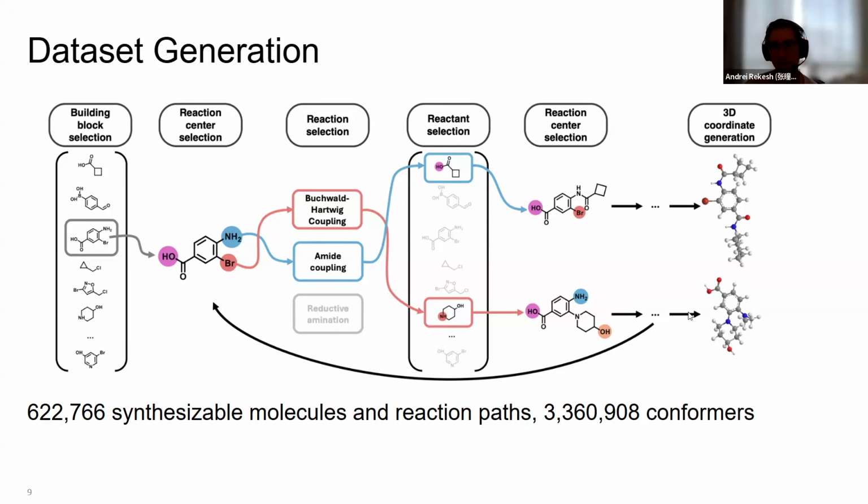Do this 3 to 5 times, and you have a molecule. And as you annotate these molecules with these building blocks and reaction centers, you're able to build this synthesis graph that comes along with the coordinate generation. So we ended up with 600,000 synthesizable molecules and their reaction paths, as well as conformers generated with XTB.